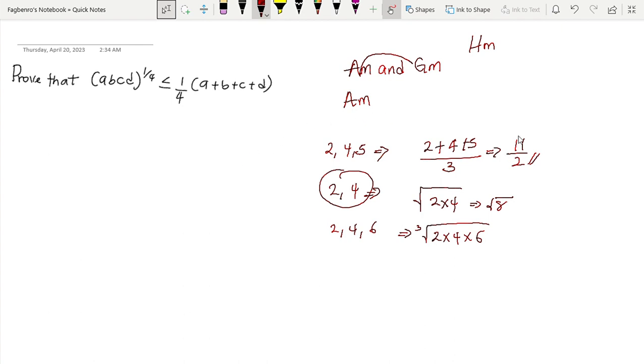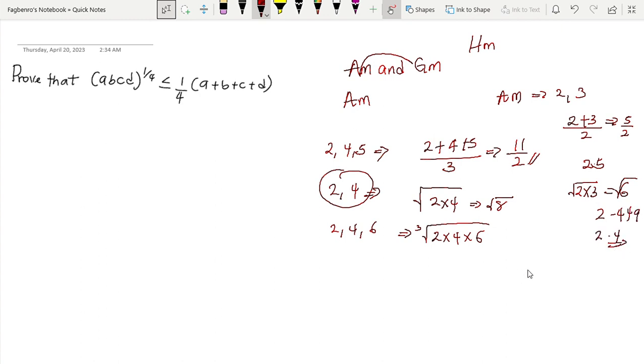Let's say you want to find the AM of 2 and 3. We all know that to find AM, that will be 2 plus 3 over 2. That will give us 5 over 2, that's 2.5. Now you want to find the GM of 2 and 3 also. That will be the square root of 2 times 3, and that will give us the square root of 6, which is 2.449, approximately 2.4.